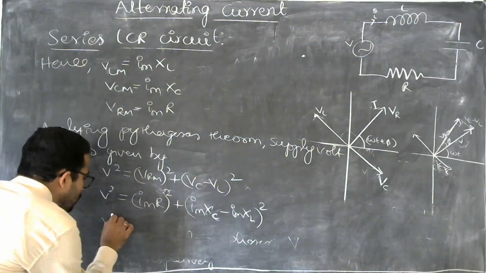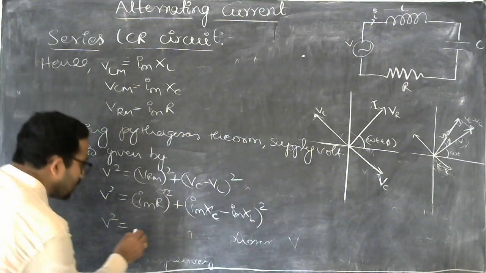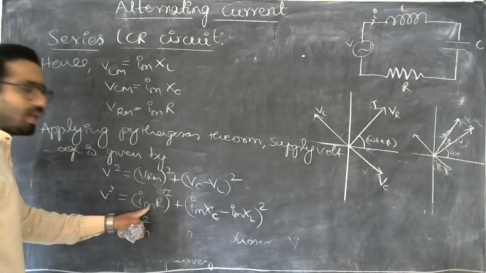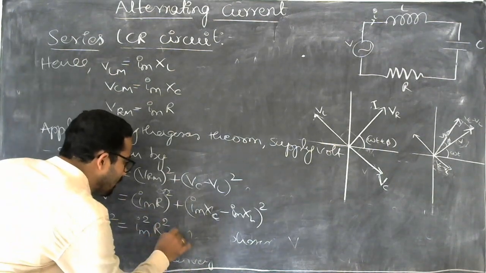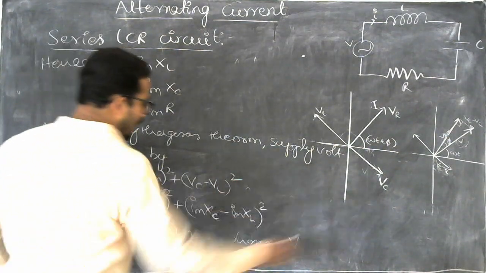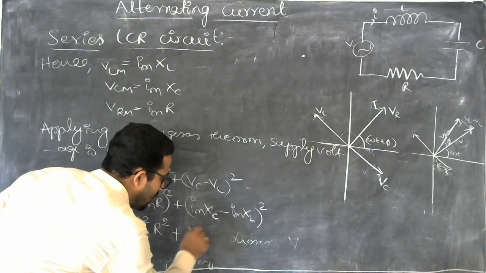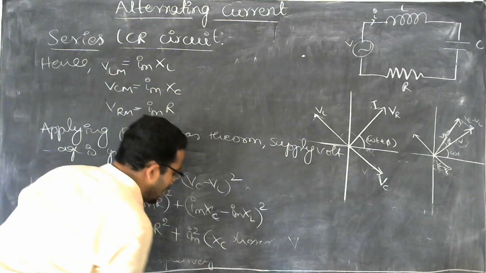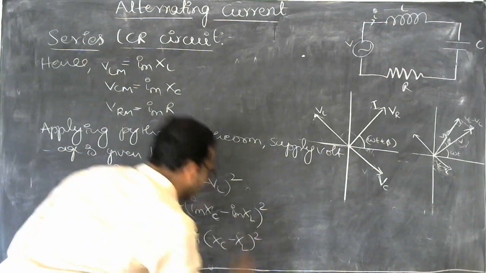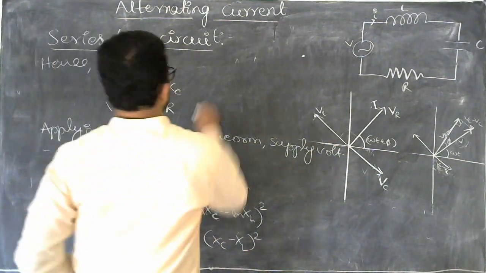I am not expanding this; I am directly writing Im square, R square is there, plus Im square as a common factor times the remaining, which can be written as (Xc minus XL) whole square. So now take Im square as a common factor.